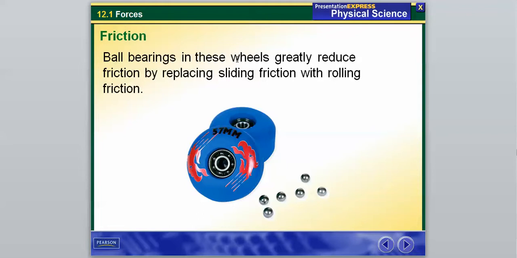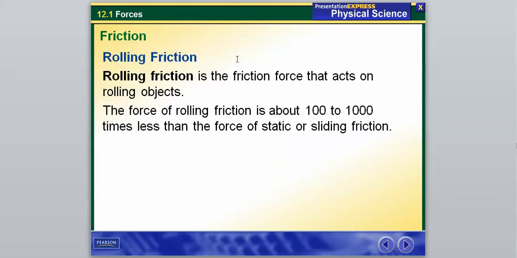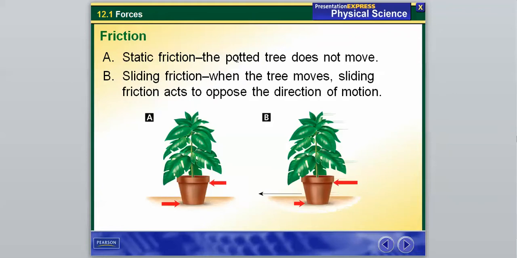And I've never been a big skateboarder or rollerblader, so an example that would make this a little easier for me: if we added a picture of C here for rolling friction, if we took that potted plant and put it on a skateboard and then had your little brother give it a push, there's going to be a lot less force opposing the motion of that potted plant.